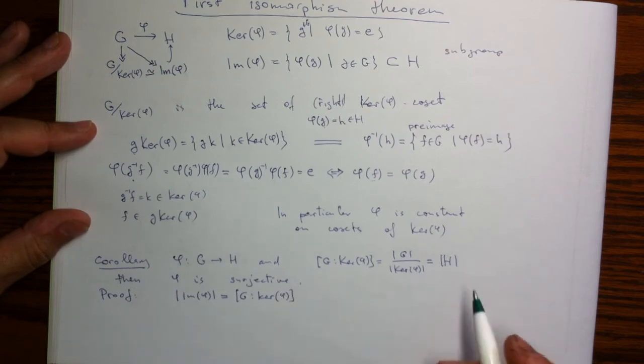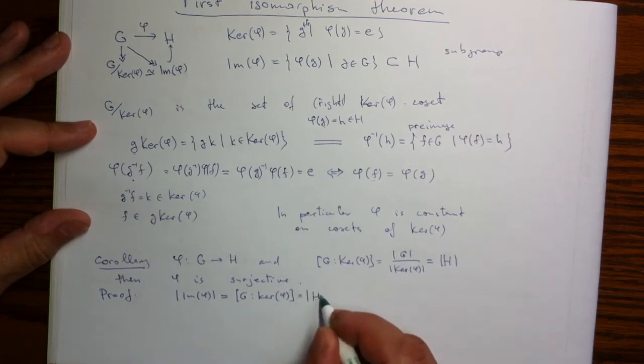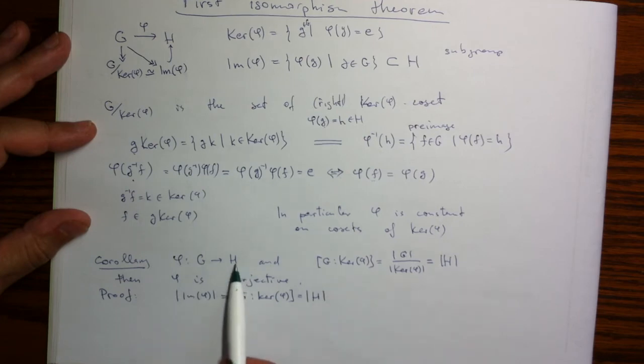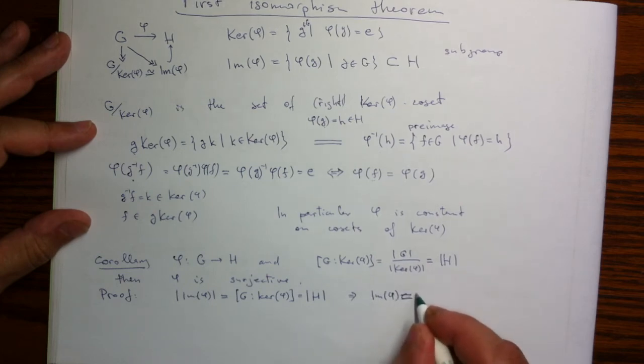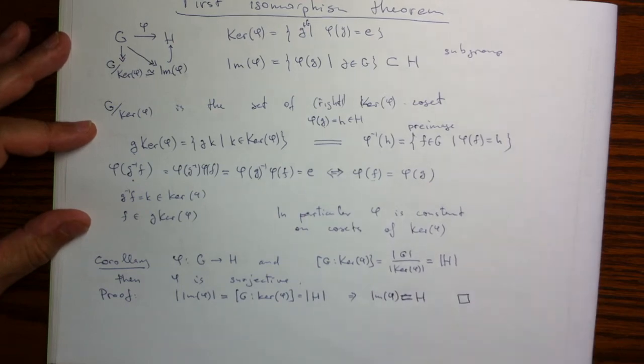And if it happens to be the same size as the H, then these two are the same. The image by its very nature is a subset, but now it becomes everything in H. So we're done.